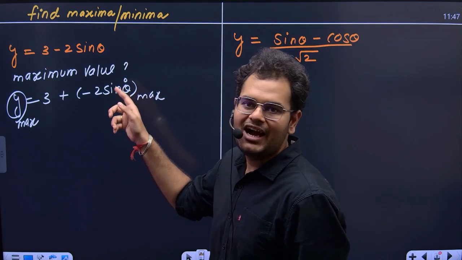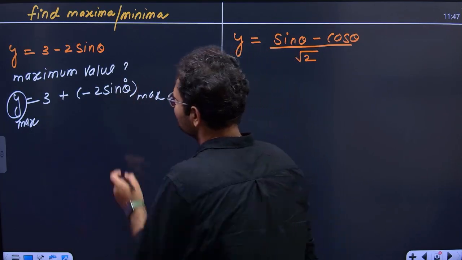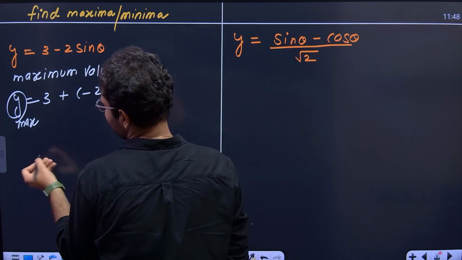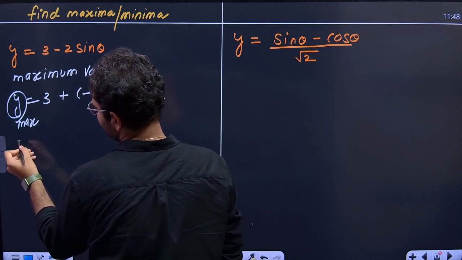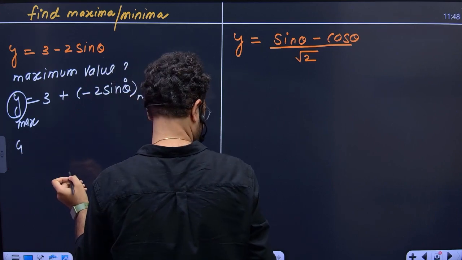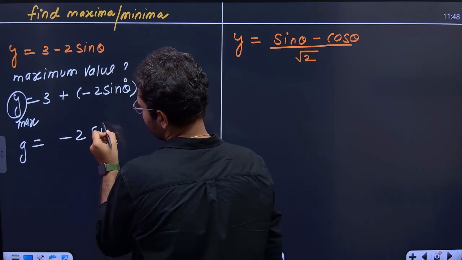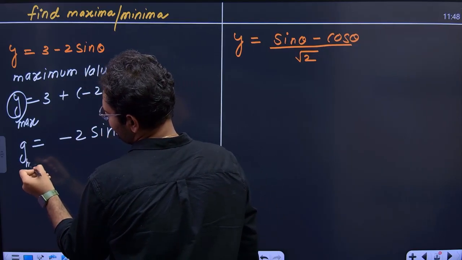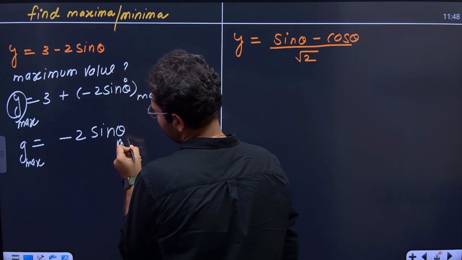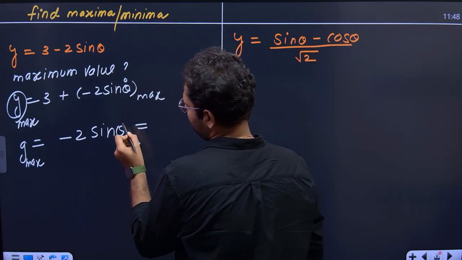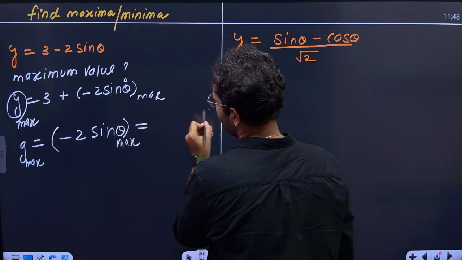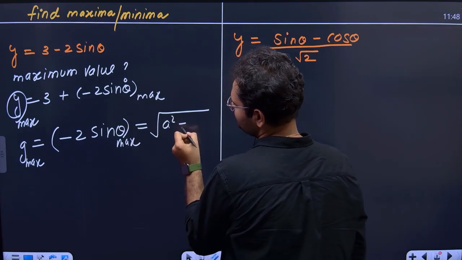And do you know how to find the maximum value of such a function? So let us say we take another function, g is equal to minus 2 sin theta. What is the maximum value of this? The maximum value of this is nothing but under root of a square plus b square.